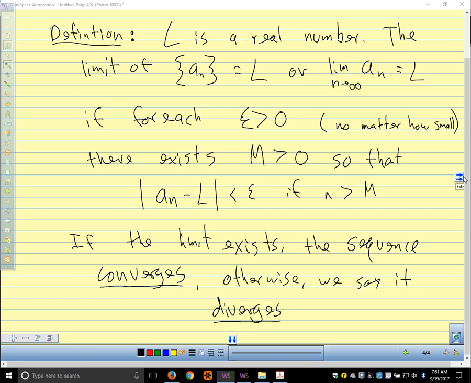So this epsilon definition lets us explicitly and rigorously define what we mean by close to. We say it can get as close as we want, because we can make epsilon as small as we want. So it's the distance between our nth term and the limit gets as small as we want. So graphically, what this says.